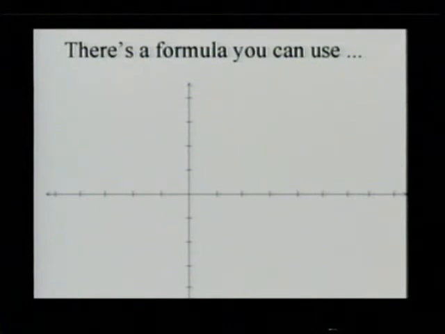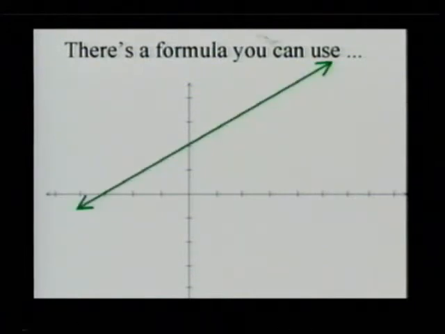There's a formula you can use to measure slope. Remember it? You better remember it. But to pick any 2 points, the amount you went up or down can be defined by y2 minus y1, or the y part of the second point minus the y part of the first point.